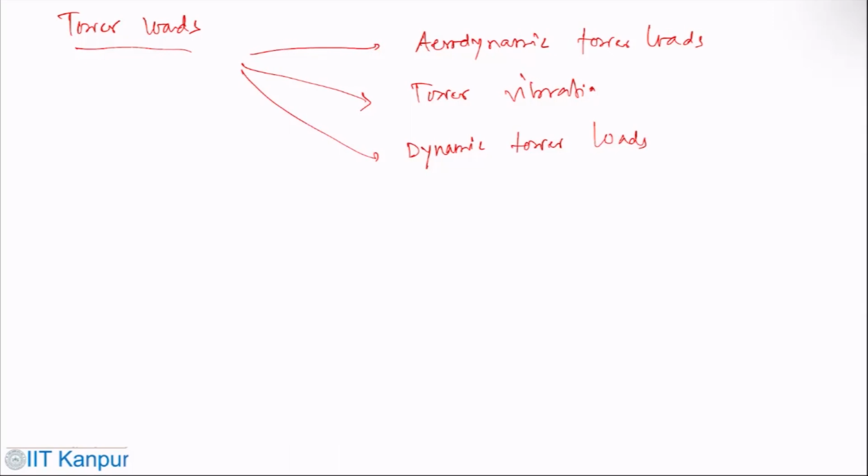The most important concept in the tower design is to avoid natural frequencies close to the rotor frequencies like 1P, 2P, 3P. Then in dynamic tower loads you can have the different flapwise loads.